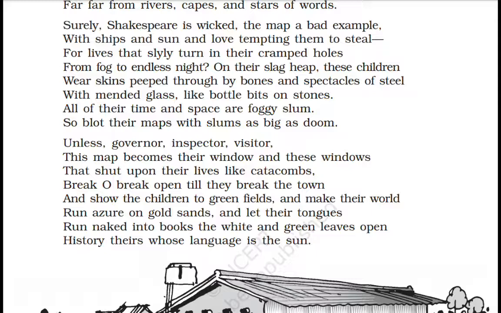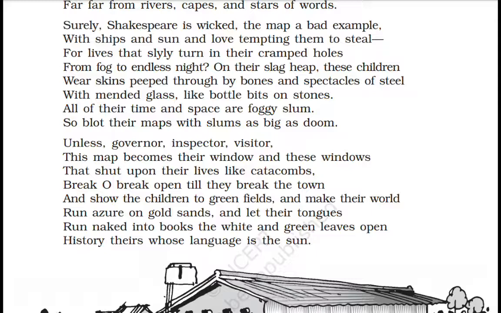He says, unless governor, inspector, visitor. Governor means the person from the government authority, inspector again a government official, visitor means a person from the privileged society, from the rich civilized society. So he says, unless governor, inspector, visitor, this map becomes their window.